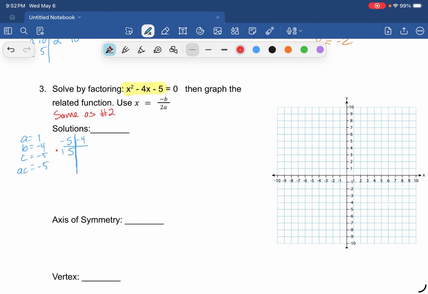So using positive and negative numbers, I'm trying to make those add together to be -4. How that works is I take -5 and I add +1 to it. So my original equation, x squared minus 4x minus 5, is going to become x squared minus 5x plus 1x minus 5.